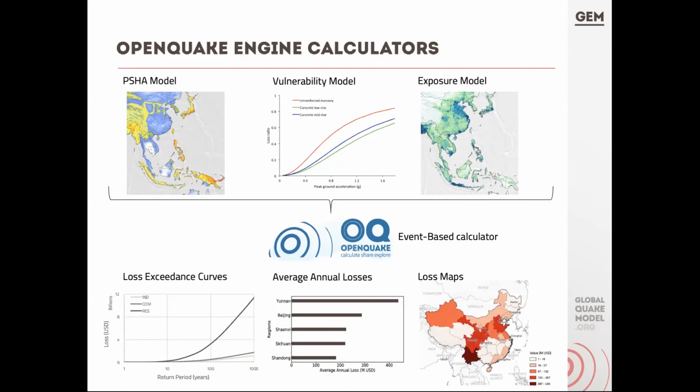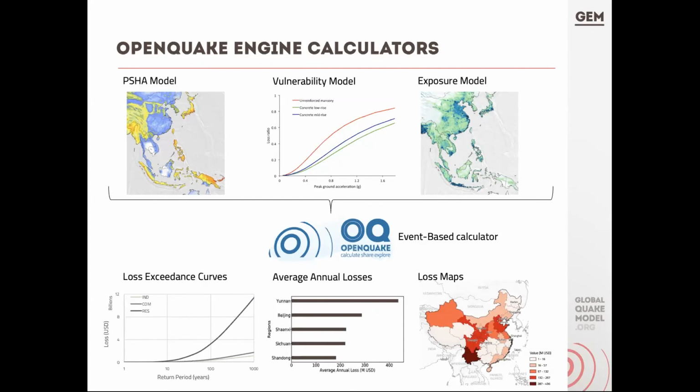So on the top, we have the input files. And again, it's the PSHA model, it's the exposure model, and it's the vulnerability model. Then, in contrast, I will get loss curves, which represent what is the expected loss for a given return period. Before, it was asset-based.